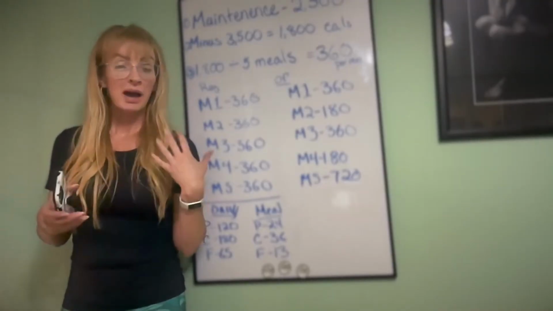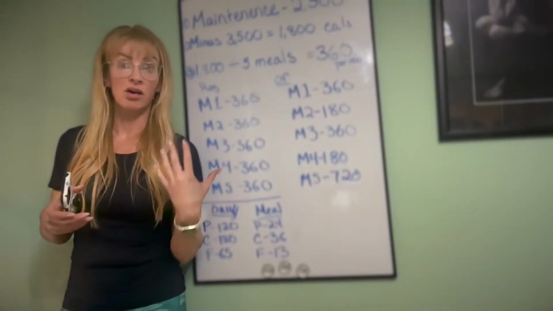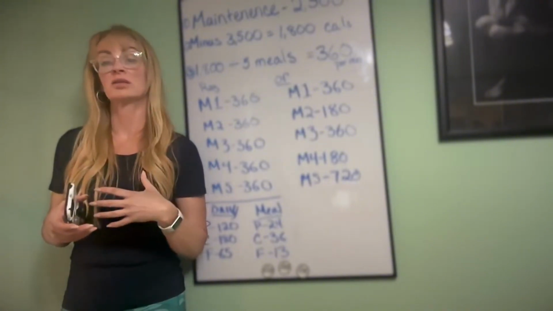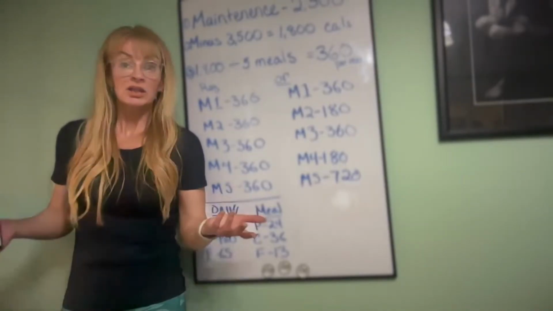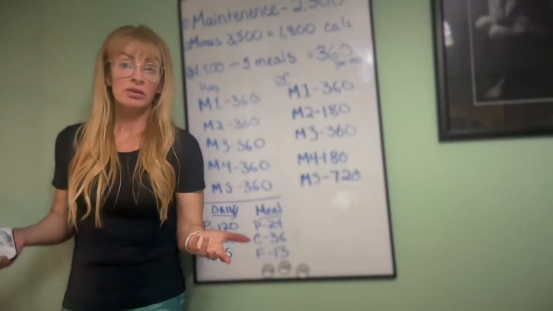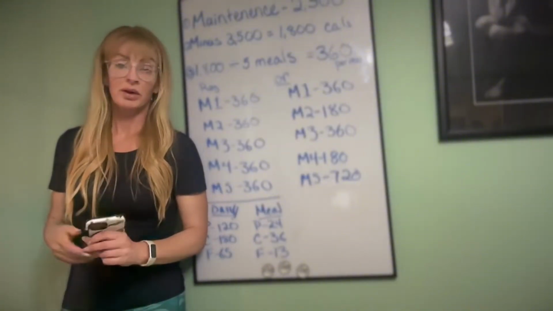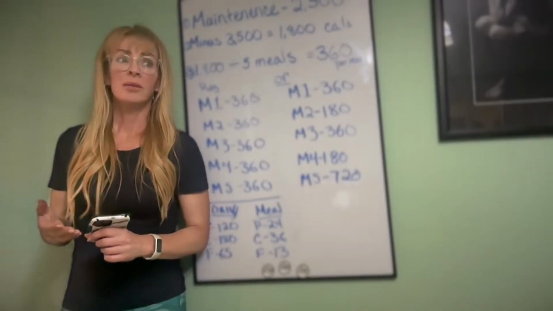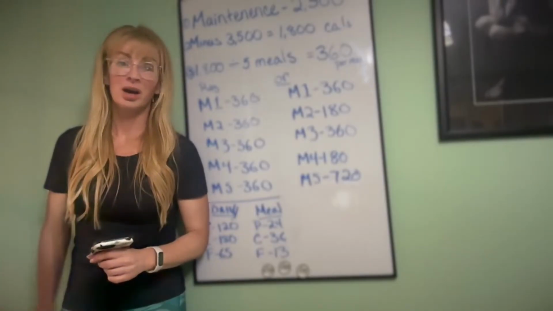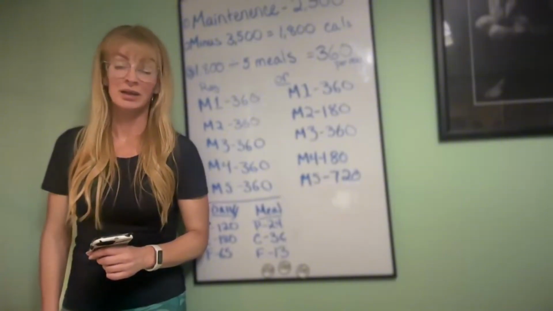The macro part, I have clients that love it. And then I also have clients that are like, can you just give me a food plan? Because I don't want to think. That's both fine. There's nothing wrong with it. When I'm dieting, and I'm in the middle of prep right now, my macros wind up becoming virtually like a food plan because I'm eating the same thing all the time.